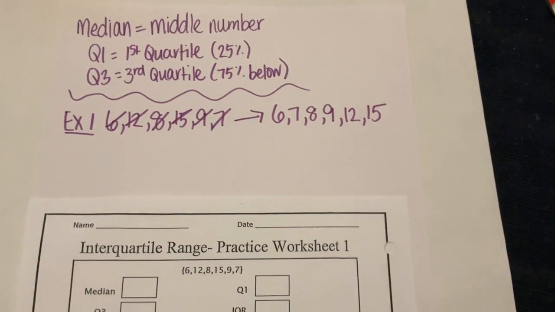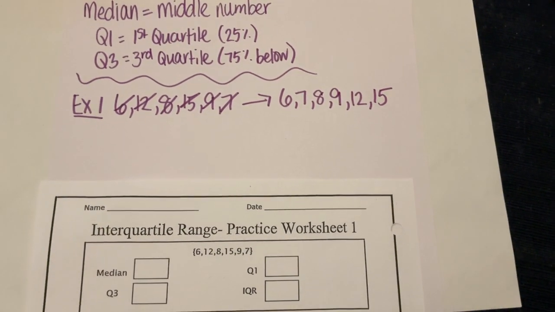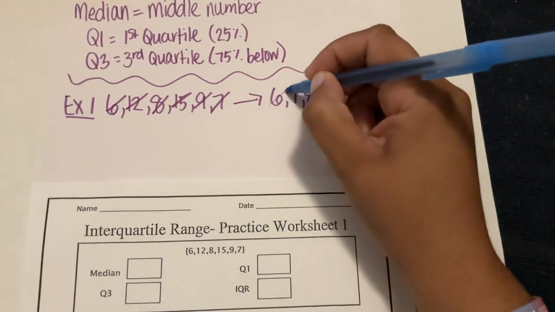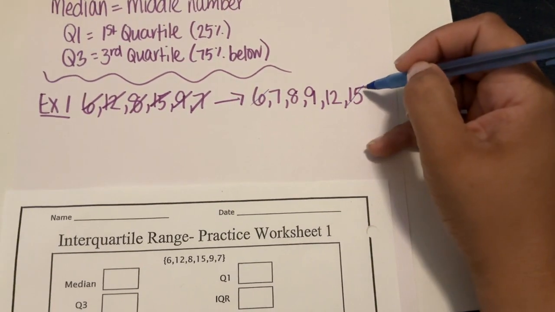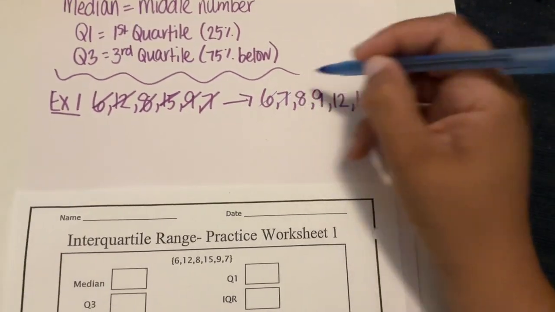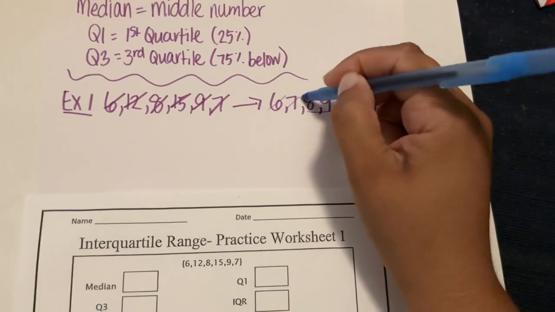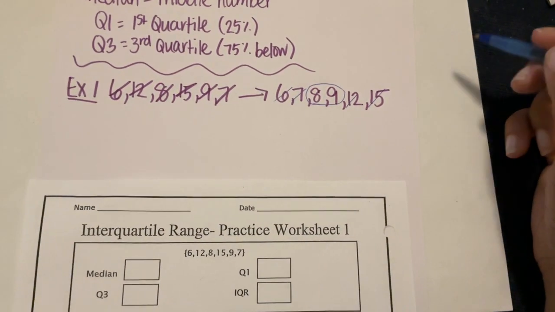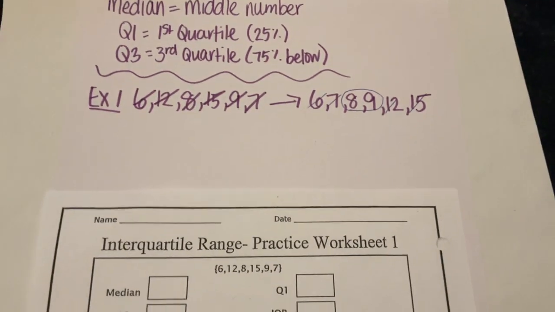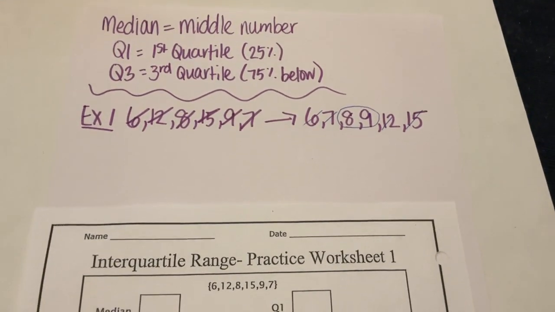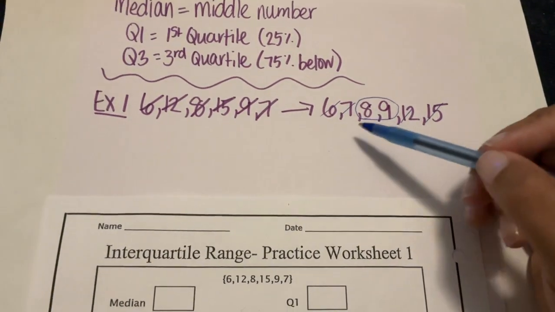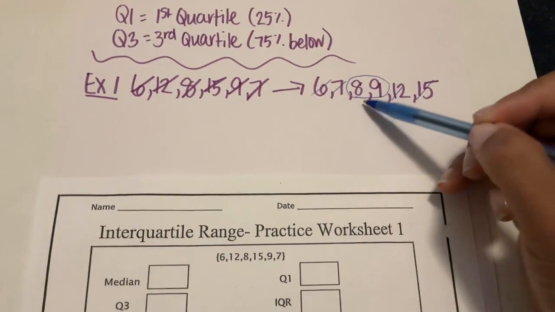Now, to find the median, you need the middle number. How do we find the median? We cross off the first and last number until I have a number or two in the middle. In this scenario, it is 8 and 9. How do we find the median if we have two numbers in the middle? You add the two numbers up and divide by 2.